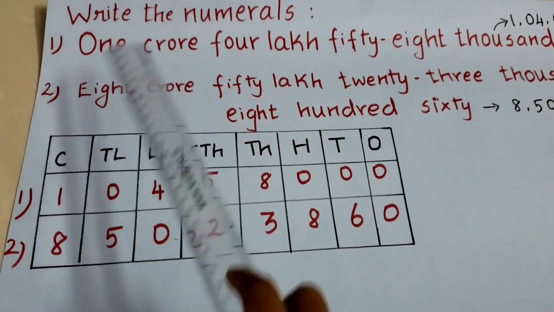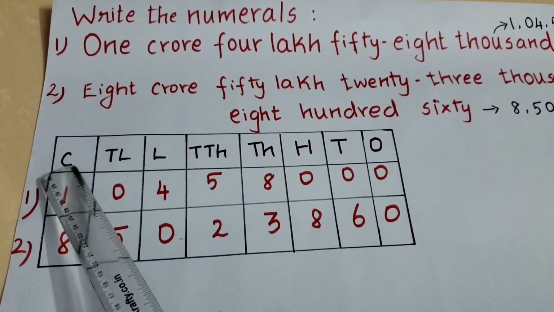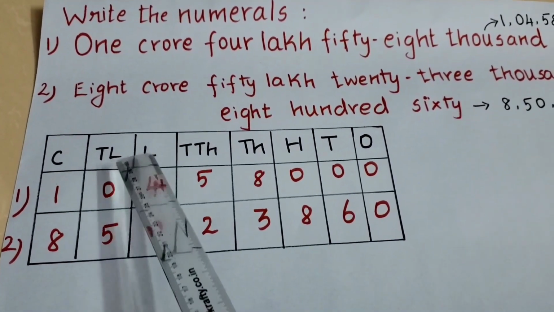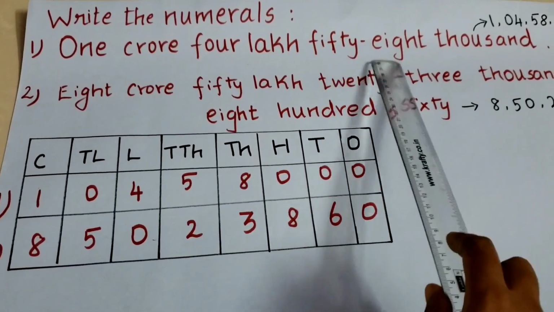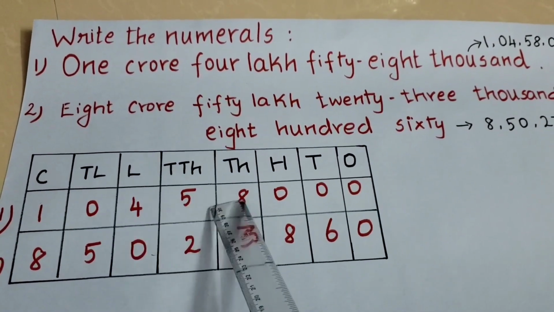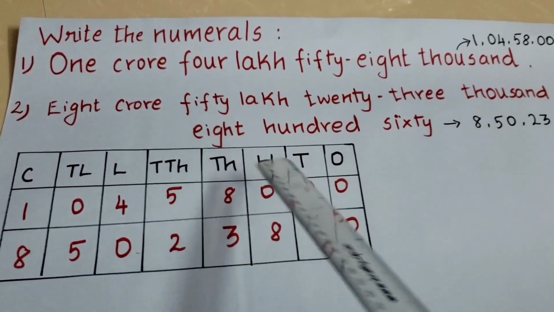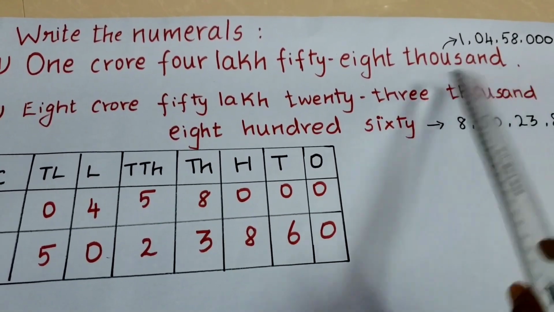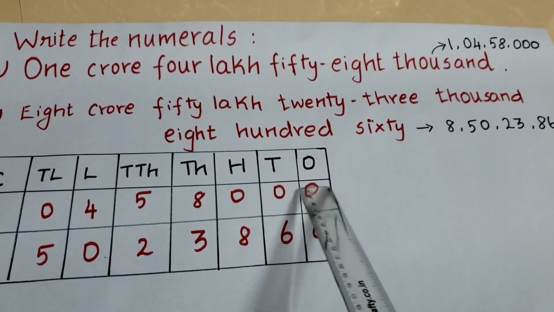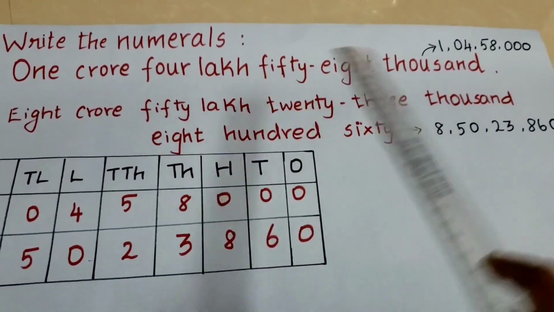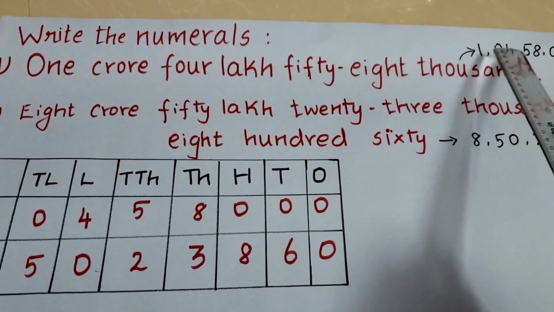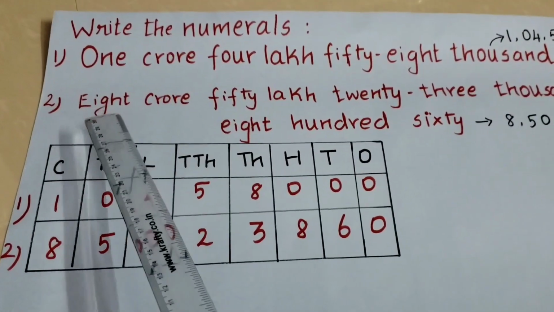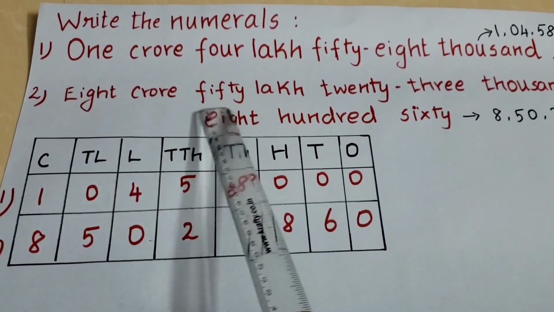So 1 crore, so I have written 1 in the place of crore. 4 lakh, so I have written 4 in the lakhs place. 58,000, I have written 58 in the thousands place. So there is no 100, no tens and no ones, so I have mentioned 0 in these 3 places. Finally, the number is 1 crore 4,58,000.